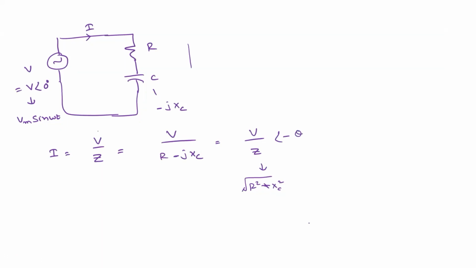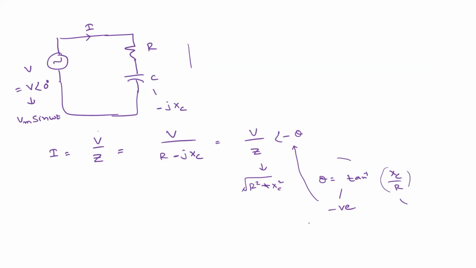Minus theta. So this theta is tan inverse of minus XC by R. I already represented this minus, right? So this will be XC by R. I made an impression that this value is negative, so this theta is negative. To differentiate between the capacitive element and the inductive element, I retain the minus theta.